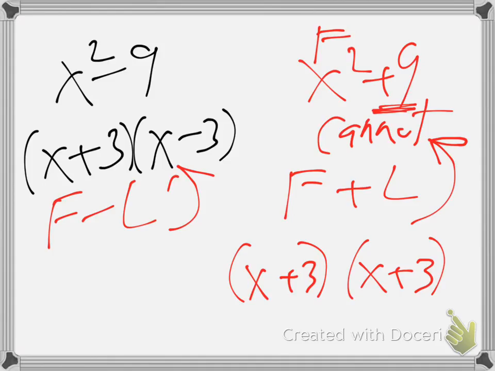You can't do both minus, because that would make a middle of minus 6, which we don't have. You see, when you're missing the middle, you have to have 1 plus 1 minus, don't you? It's the only way to get the middle to be 0, to be missing. And 1 plus 1 minus is going to make negative at the back. That's why only FL minus can be done, not plus. Question?